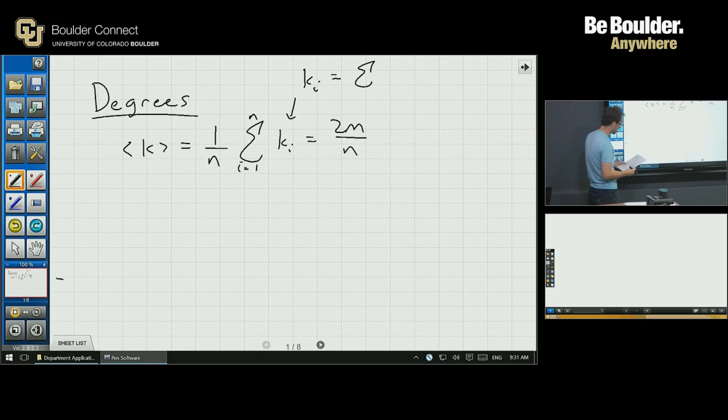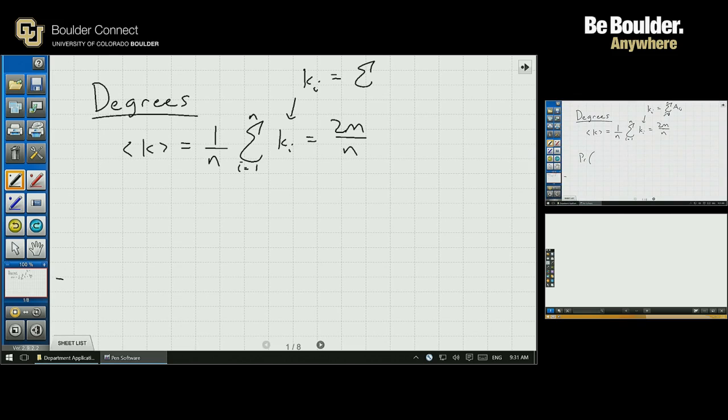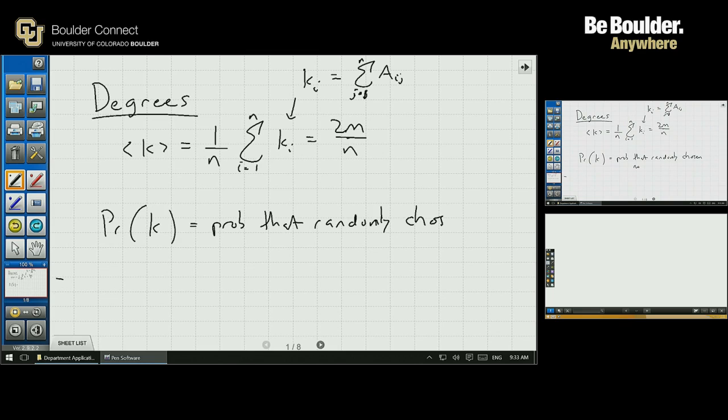We often talk about what we call the degree distribution, which is the probability that I see a degree of k. So the probability that some vertex has k edges. And this is the probability that a randomly chosen vertex, a randomly chosen node, has degree k, where we really mean uniformly at random.